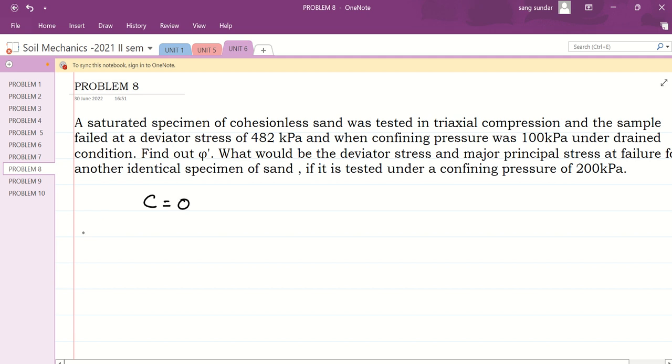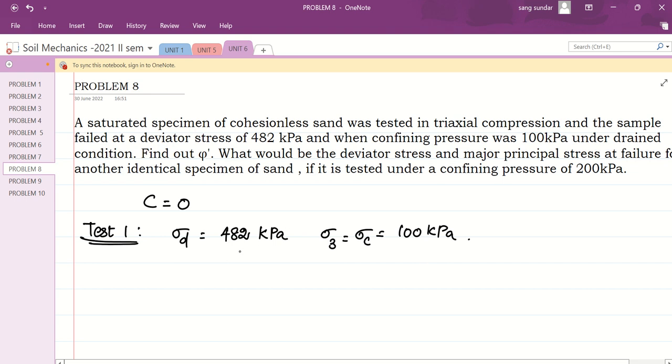First, test 1 was performed with a deviator stress sigma D of 482 kPa and sigma 3 or sigma C of 100 kPa, and with this stress condition determine your phi value.